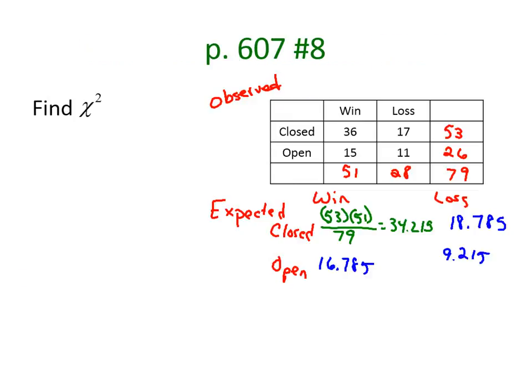And as you're looking at calculating this one out, to find chi-squared, I am taking that first cell, where I had 36 observed minus the 34.215 that I expected to see. I have to square that value and divide it by what I expected, which was the 34.215.